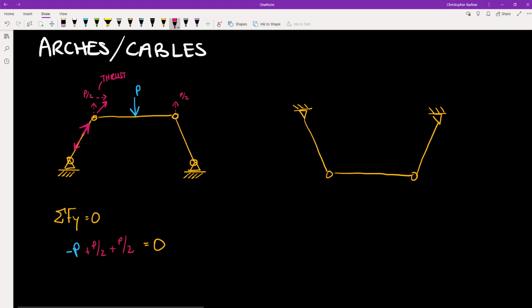And that's why we need pins at either end down at the bottom here to resist that thrust that's pushing out. So these end conditions must provide restraint in the opposite directions, similar to how they provide restraint against the vertical component.